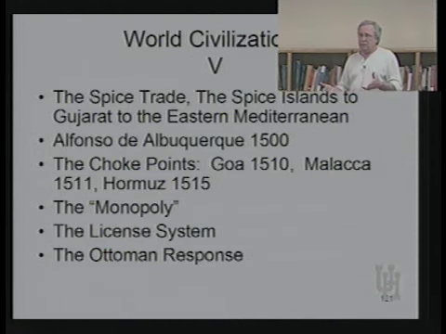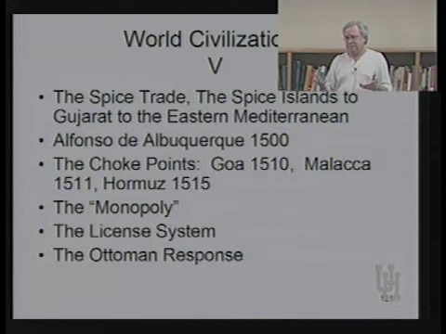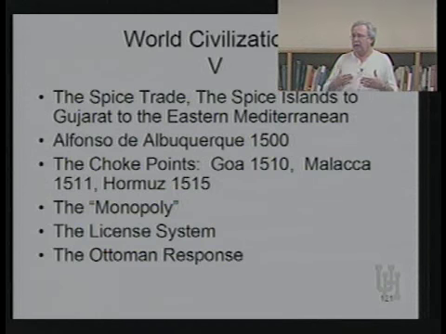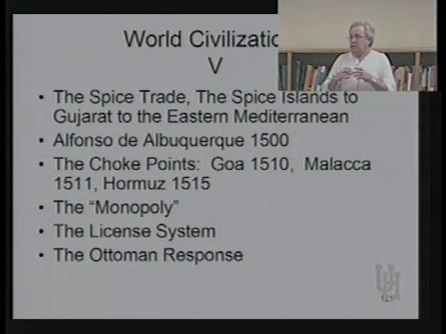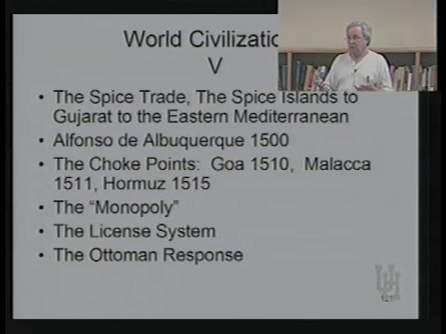Would they ever succeed in doing that? No, for a couple of reasons. One, they really didn't have the kind of vast naval power it would take to control these huge stretches of ocean, even if they could control choke points at a certain period. Secondly, although their monopoly was never 100% effective, they did manage to drive up the price of spices, which are already expensive.